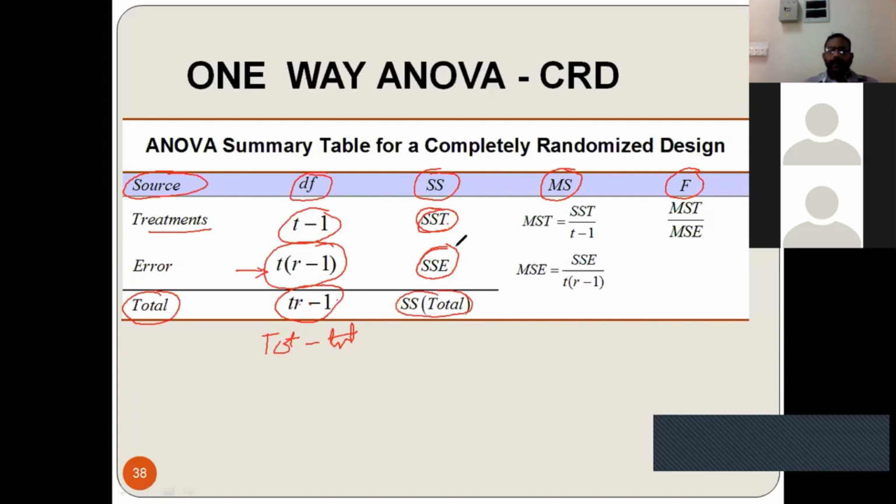The error sums of square comes from total sums of square, SS total, minus sums of square of treatment, right? So the error sums of square is the total sums of square minus the sums of square of treatment.